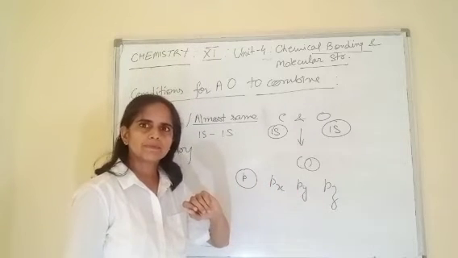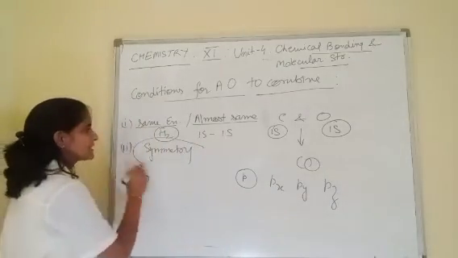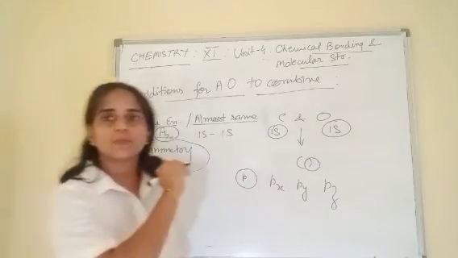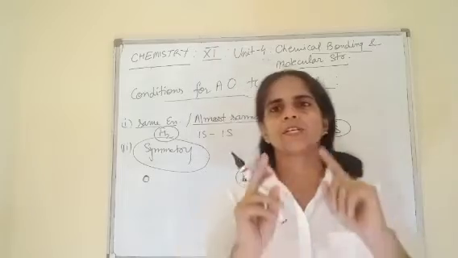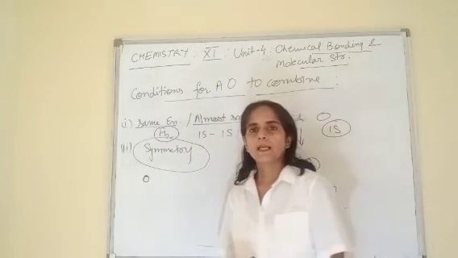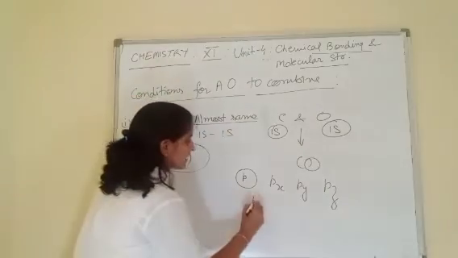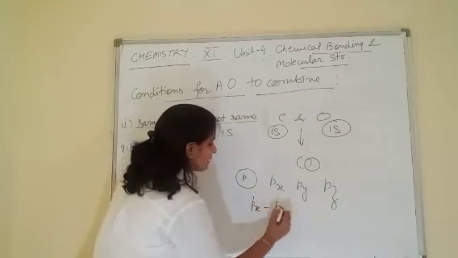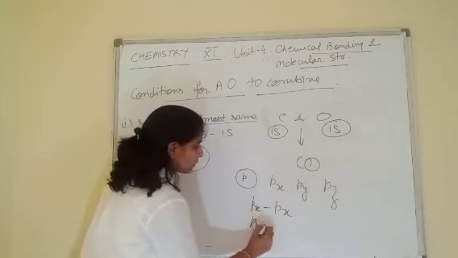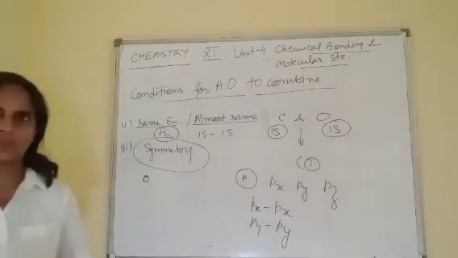Yes or no? I think now you can easily answer on the basis of this point that there is no chance of combination of px with py. Got it now? So this is the meaning of symmetry. Px can combine with px, py with py, similarly pz with pz.